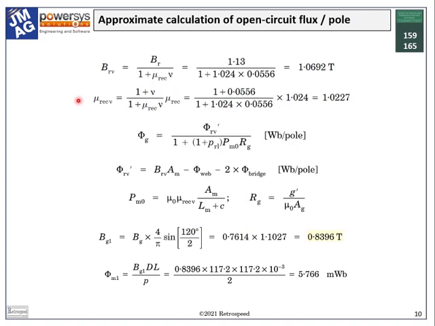The formula for the total flux per pole, phi g, comes directly from the magnetic equivalent circuit model, where PM0 is the permeance of the magnet and Rg is the reluctance of the air gap, and little p RL is a normalized linear leakage permeance which accounts for flux leaking in parallel with the web and the bridges when they are heavily saturated.